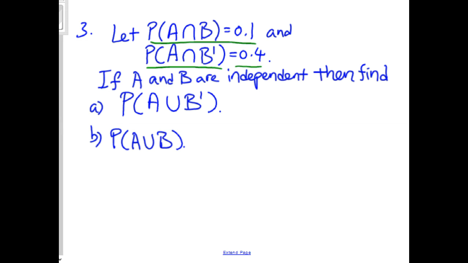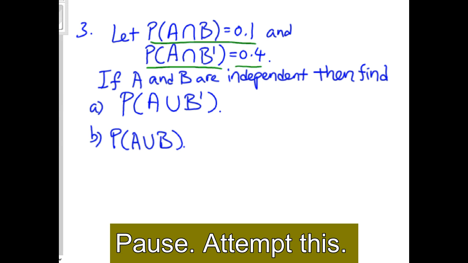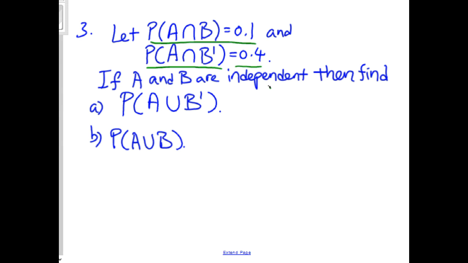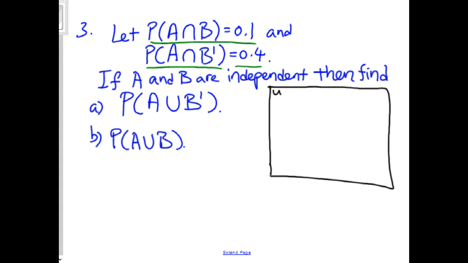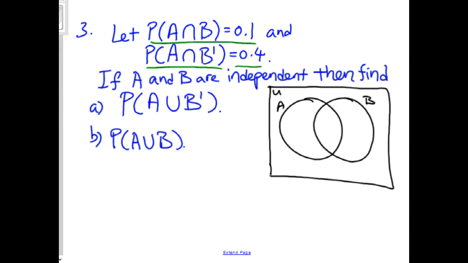Not B is 0.4. Again, I would like to draw a Venn diagram because it helps to visualize what is going on. So here I have A and B. And for this type of question, it's usually good to start from the intersection.